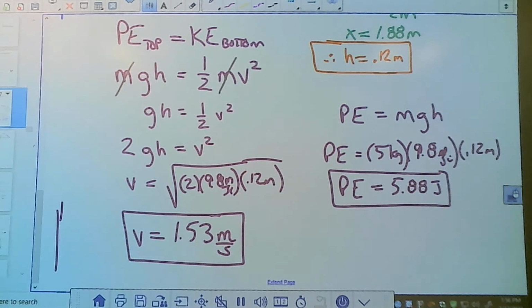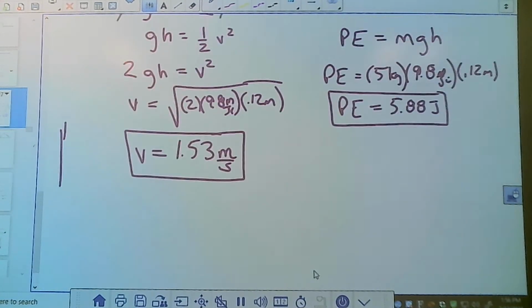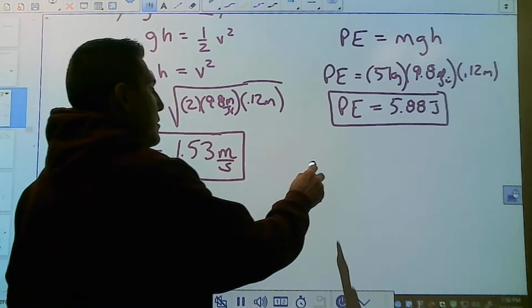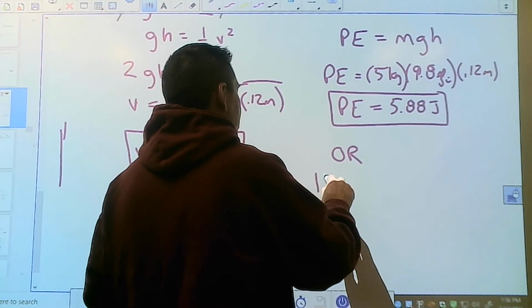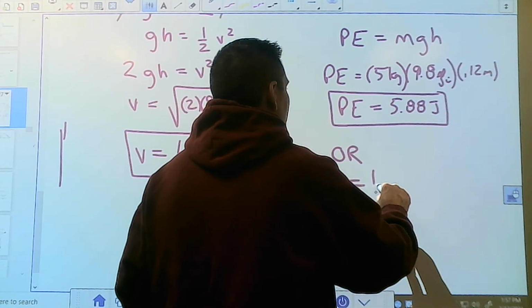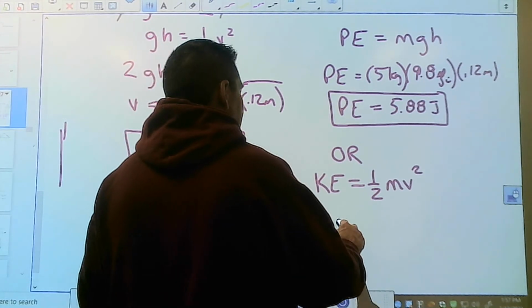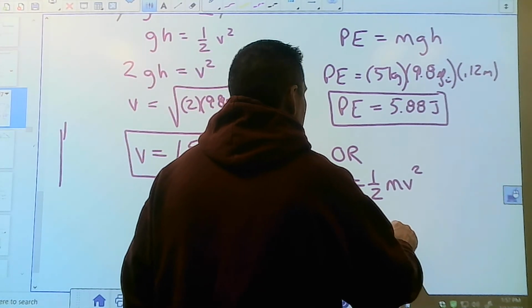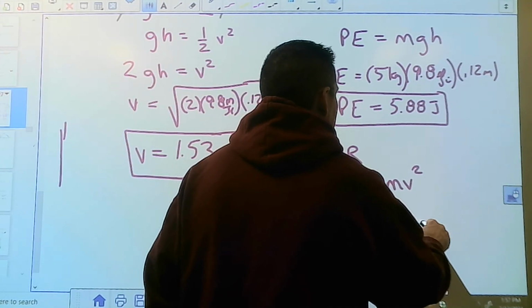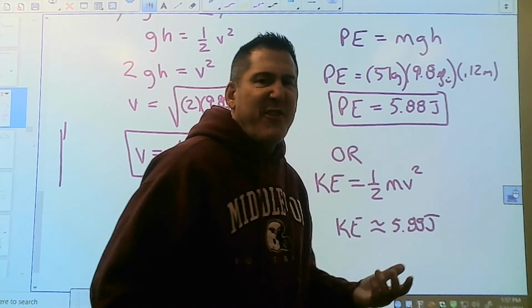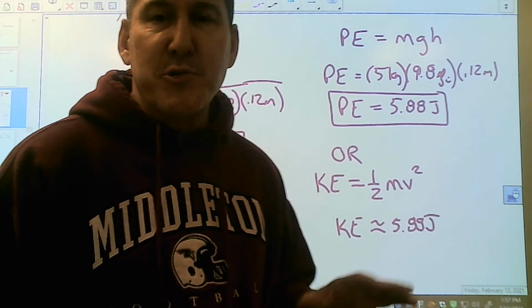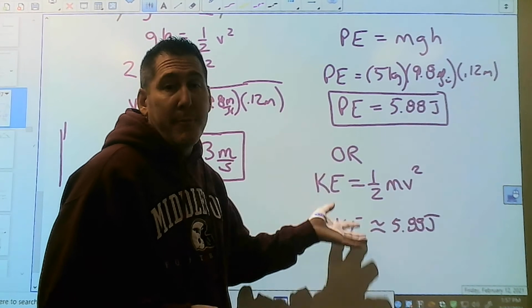If I wanted to, I could find the kinetic at the bottom, 1/2 mv squared, and you'll get about the same, 5.88 joules. Might be like 5.85 or 5.83 because we rounded a little bit, but you get the same number.